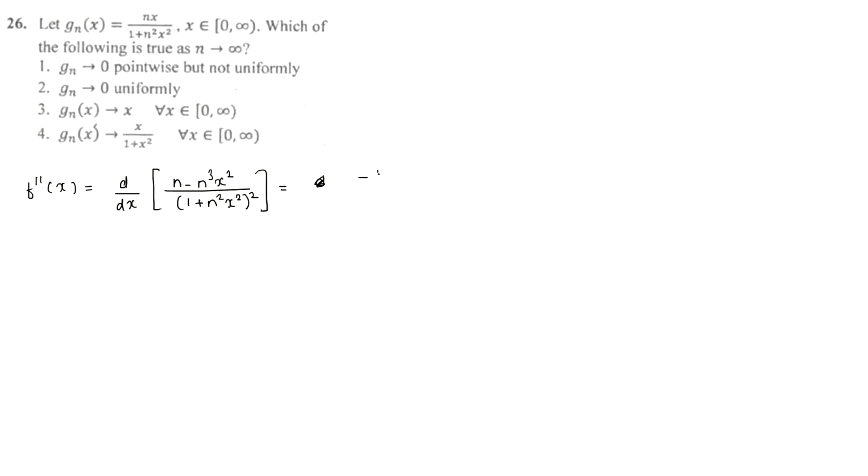After simplifying, we will be having minus 6n cube x plus 2n raised to 5 x cube divided by 1 plus n square x square whole cube. So this is the second derivative we have obtained.